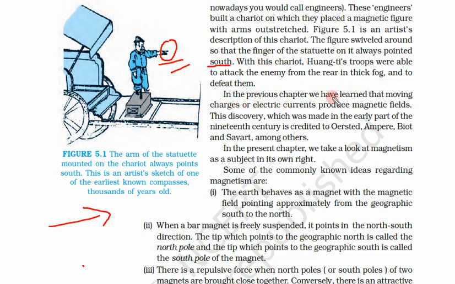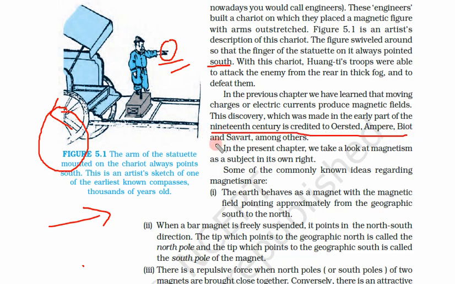In the last chapter, we learned that moving charges and electric currents produce magnetic fields. So that we know from the last chapter. This discovery, made in the early part of the 19th century, is credited to Oersted, Ampere and Biot-Savart among others.